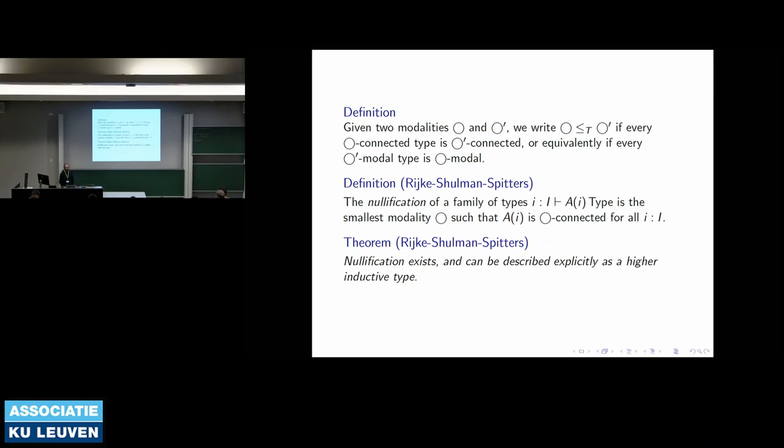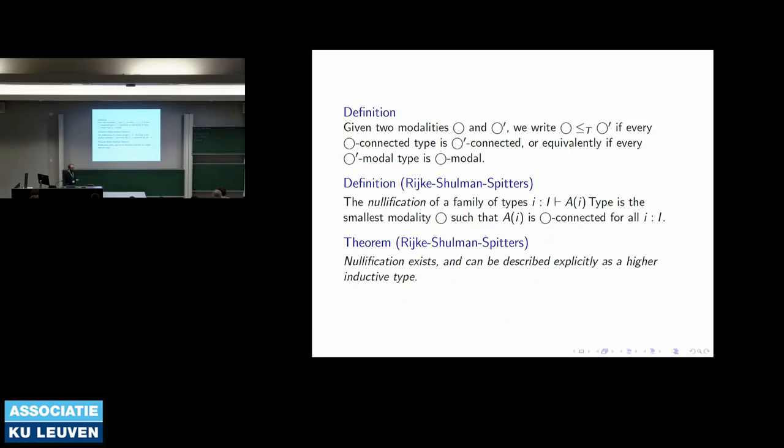Okay, and this gives a nice way of thinking about the construction of nullification, again from the Rijke-Shulman-Spitters paper. We're given as input a polynomial, in other words a family of types, and the nullification of this polynomial is the smallest modality according to this ordering, such that every type in this family is connected for the modality.